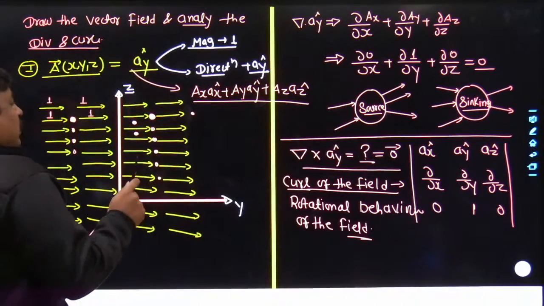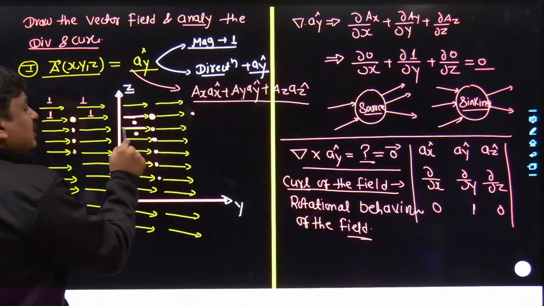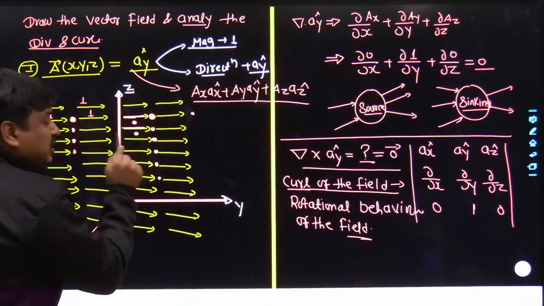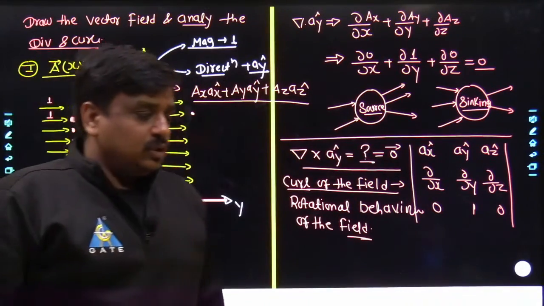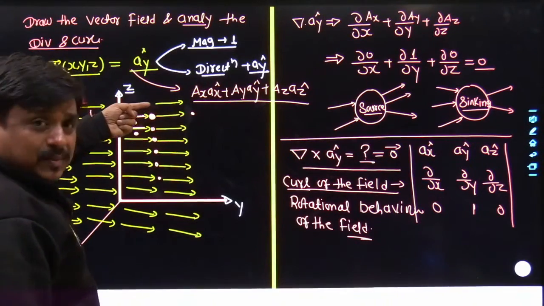I would like to ask each one of you, practically, whether you are able to understand that there would not be any rotational force across this point, yes or no. Tell me. No, because both have the same magnitude.